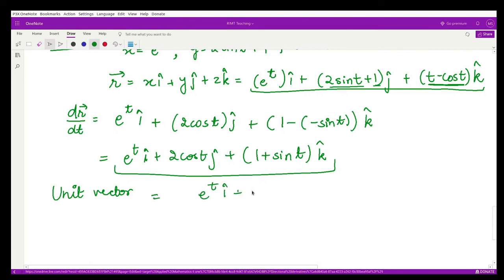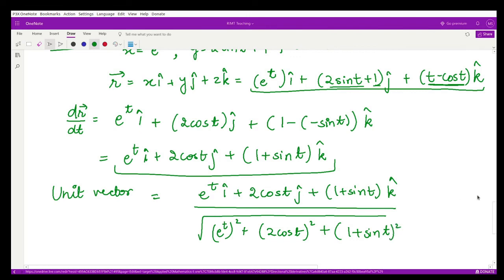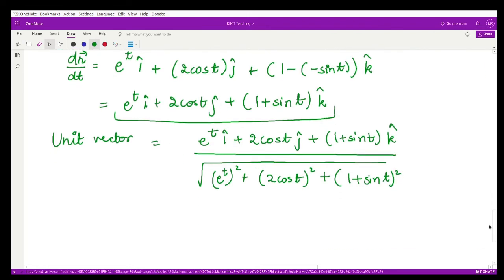So that will give you a unit vector in that particular direction. So we have 1 plus sine t k cap, and its magnitude would be the square root of the component of i, that is e to the power t, its square, and then 2 cos t whole square plus then 1 plus sine t whole square.